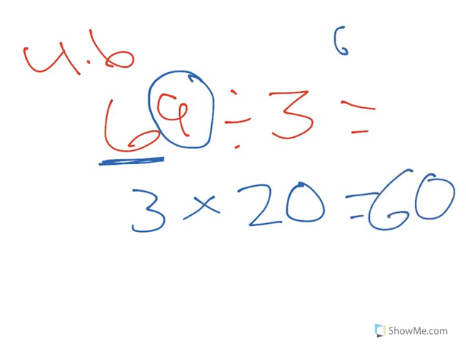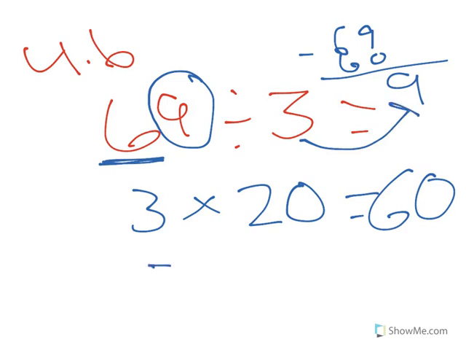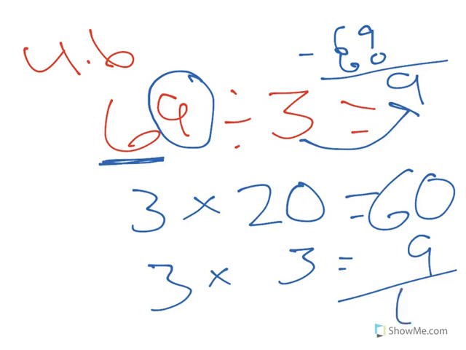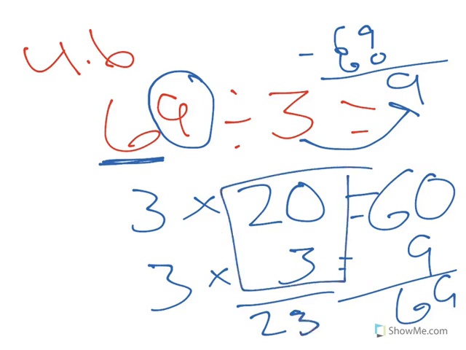Now if I do 69 minus 60, I get how many left over? 9. Now 3 goes into 9 how many times? I know 3 times 3 equals 9. So if I add 60 and 9, I get 69. So my answer is these two numbers, 3 times 23 gets me 69. I just found my quotient to that problem.